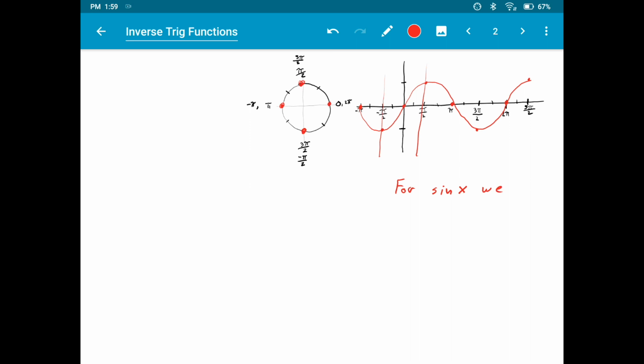And so for sine of x, we restrict the domain to negative pi over 2 to pi over 2, inclusive, to define the inverse sine.